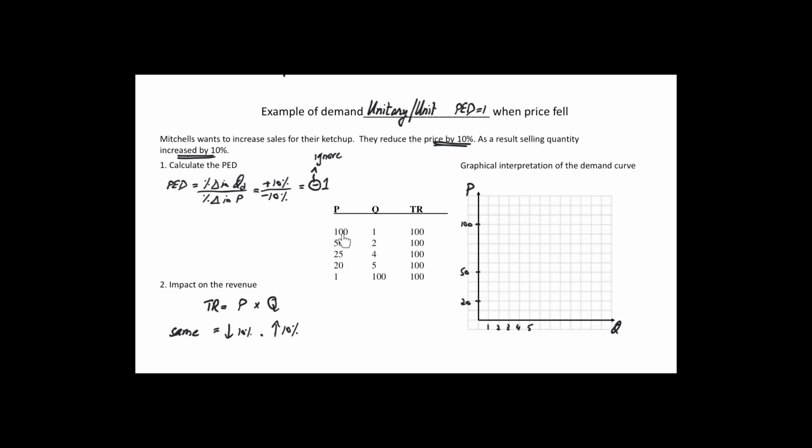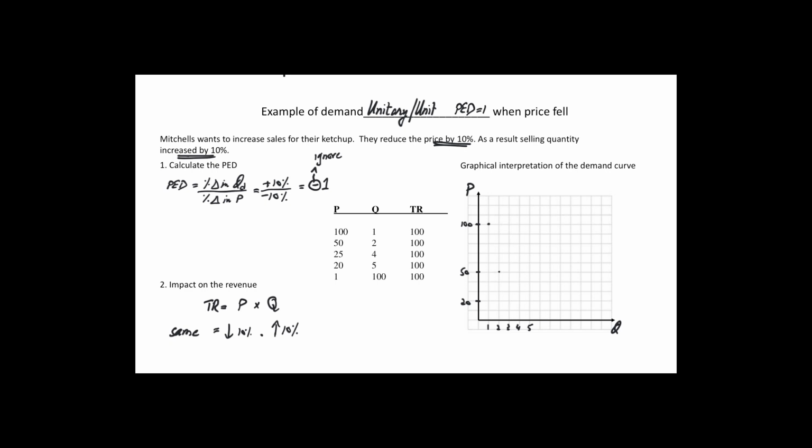When the price was 100, the quantity you sold was 1. So that's my first point on the diagram. When the price fell down to 50, now I'm selling 2 because the revenue has to remain the same. So that's my second point.